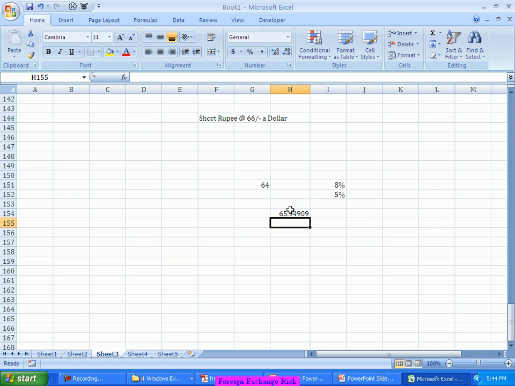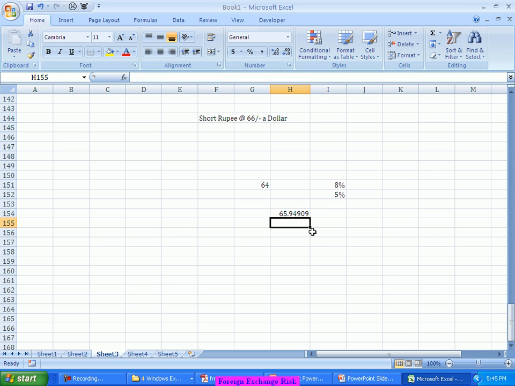So the exchange rate should become 65.94 after 1 year, if the interest rates in India are 8% and the interest rates in US are 5% at this moment.